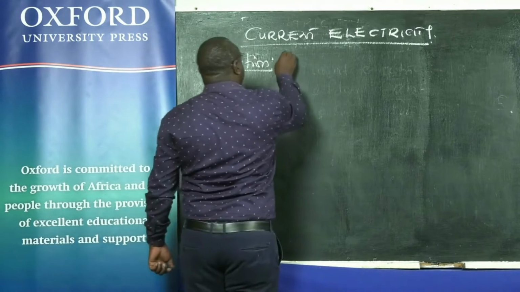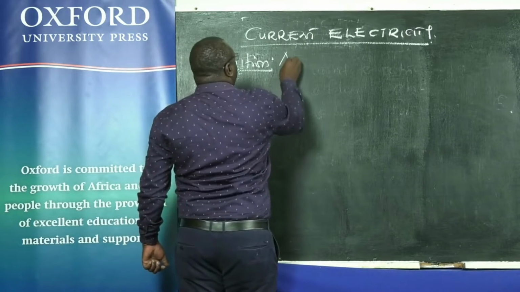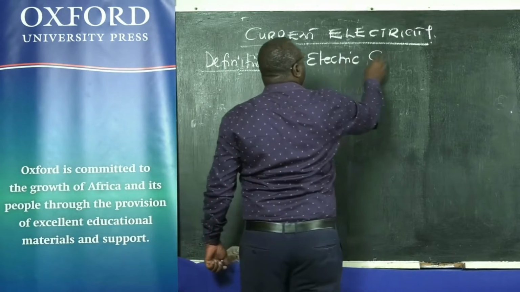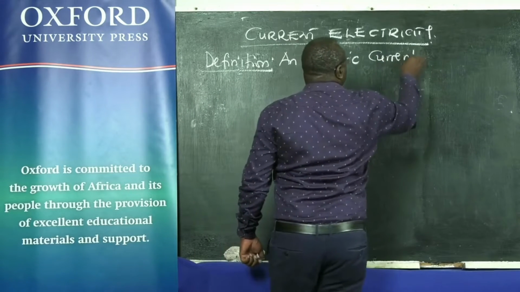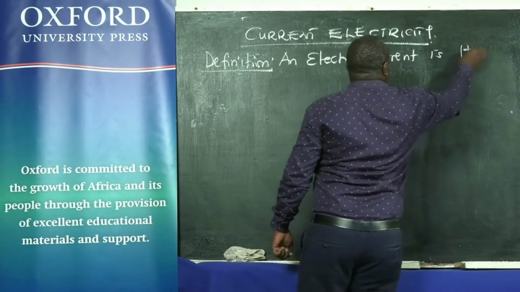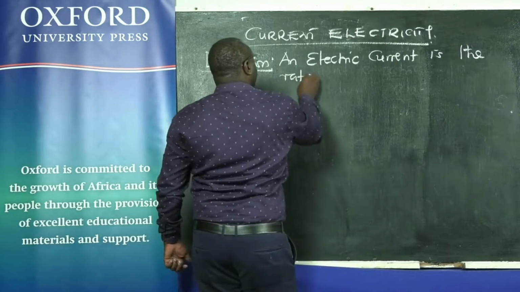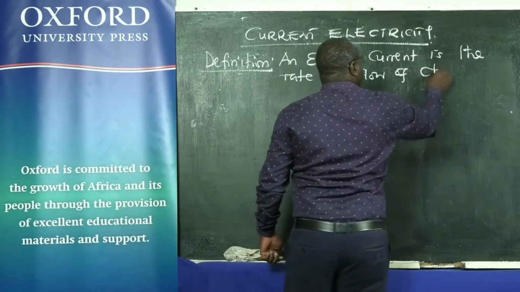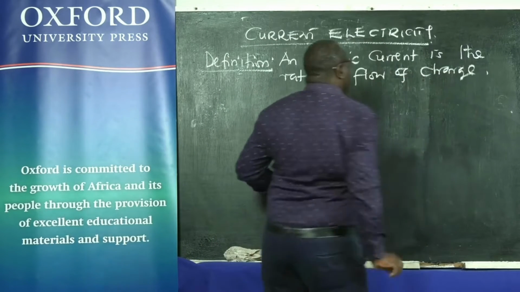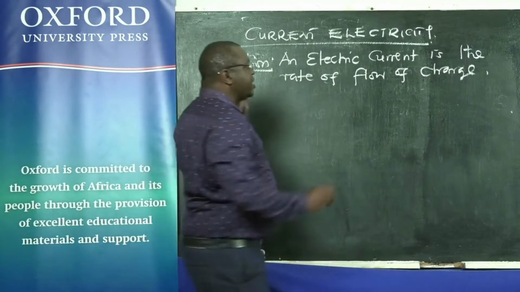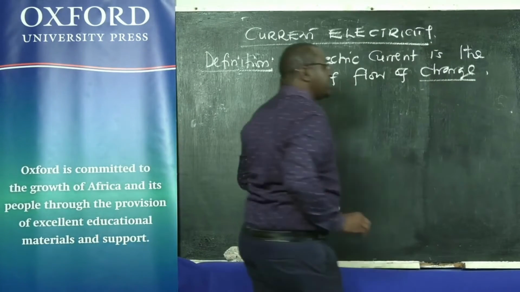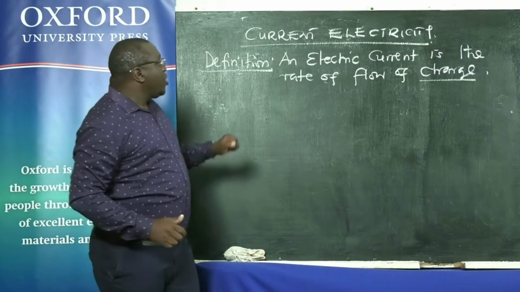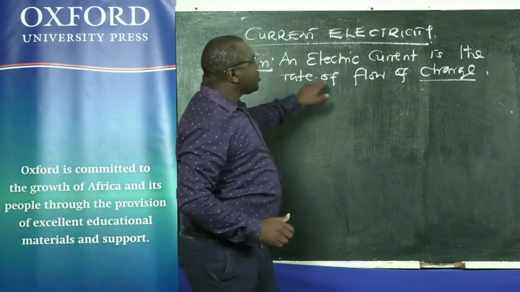An electric current is the rate of flow of charge.